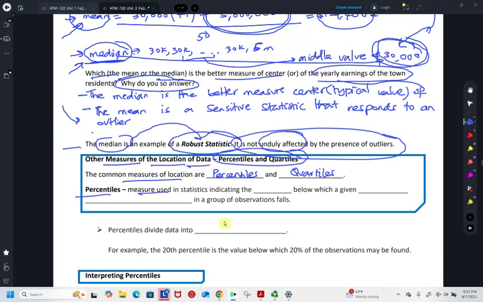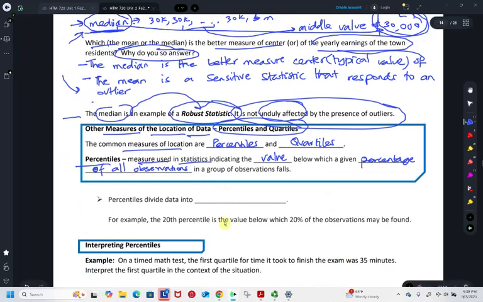A percentile is a measure used in statistics to indicate the value below which a given percentage of all observations in a group or data set falls. Percentiles tend to divide the data into approximately 100 parts.